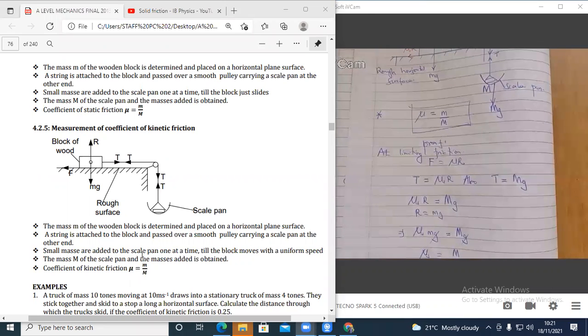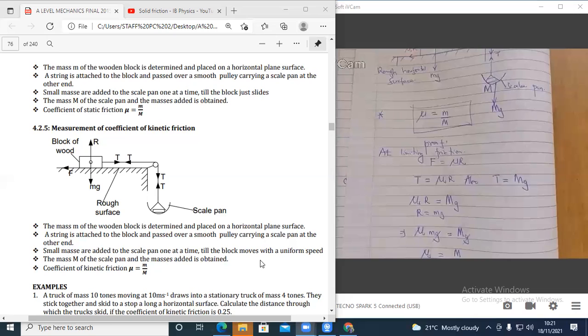Small masses are added to the scale pan one at a time until the block moves with a uniform speed. Are we together, members? So that's the only difference here.